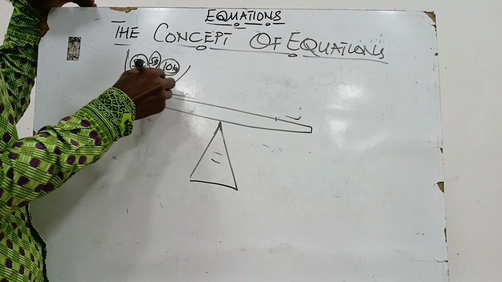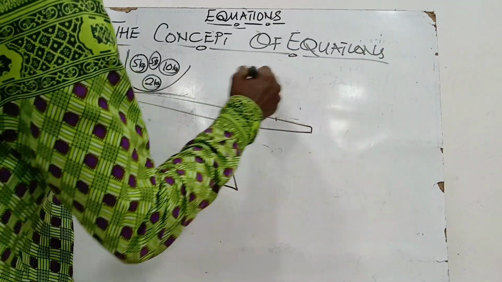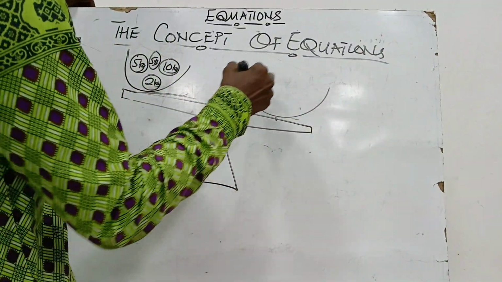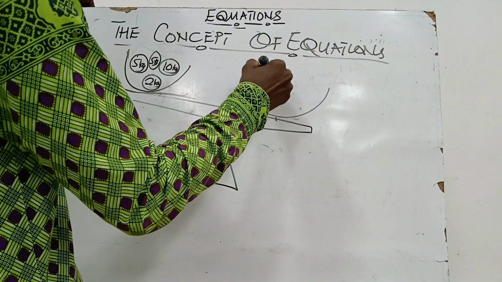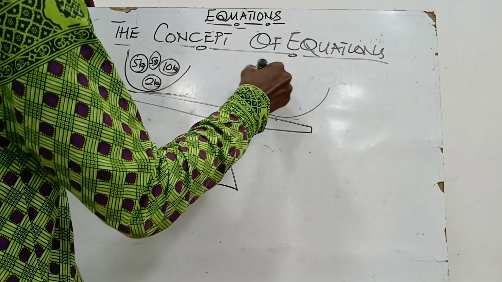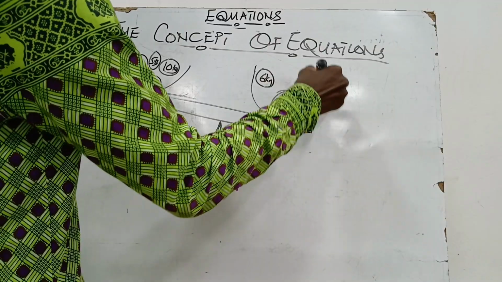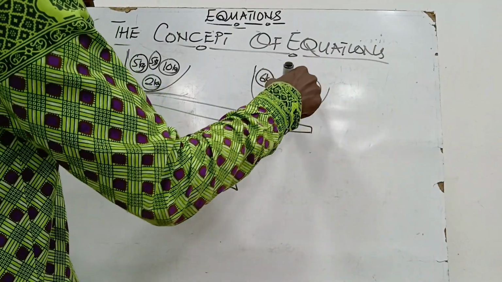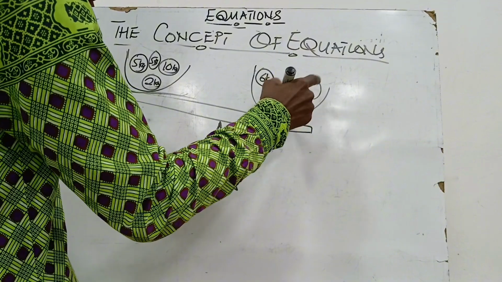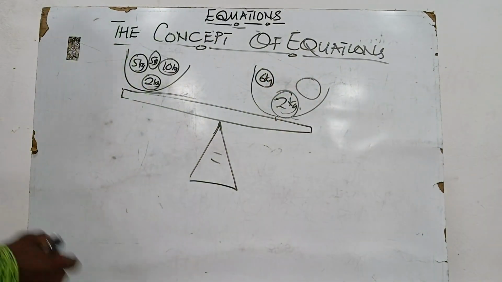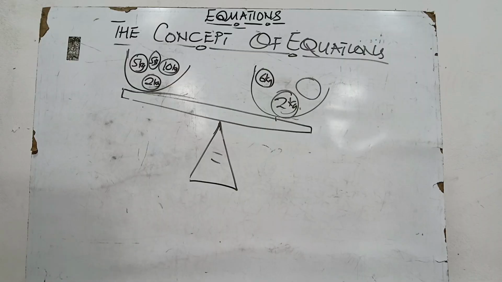This is 2 kilogram. And then over here too, I have a basket. And then let's see, I have here 6 kilogram, 2 kilogram, and then I don't know the weight of this. I want you to find the weight of this here for me. Kindly drop your answer in the comment section for me.